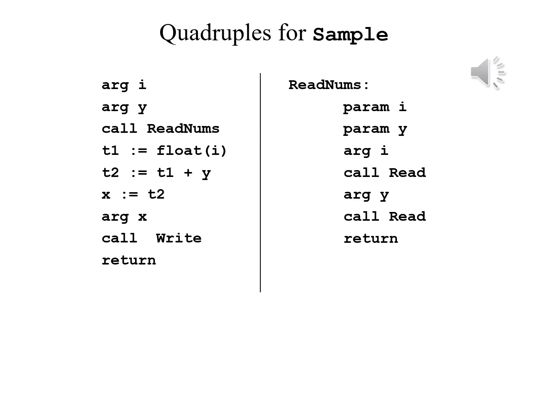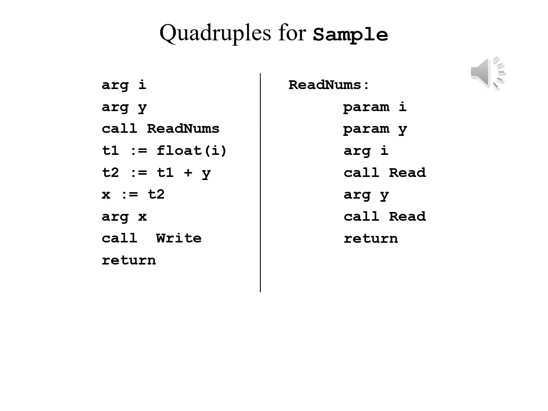We then can do the addition. We then save the value in the variable x. t1 and t2 are temporary variables created by the compiler. We now identify x as the actual parameter for the method write, and then we return.